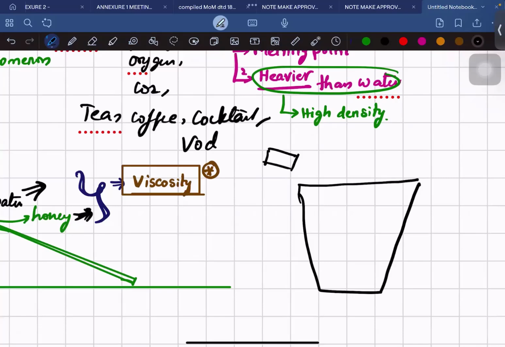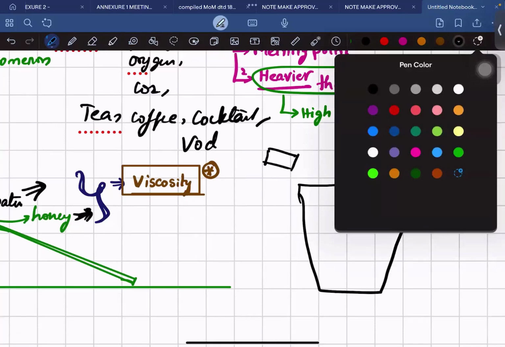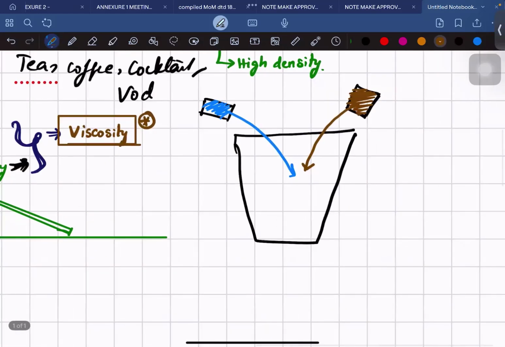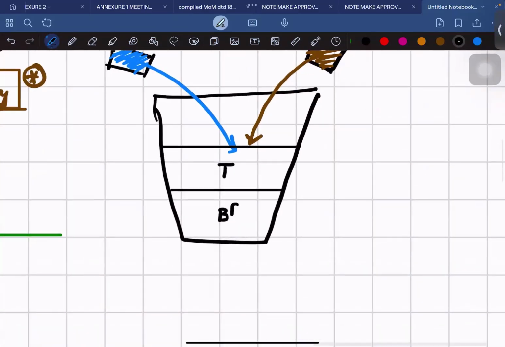With one cup, I pour water, and I will take one more beaker with kerosene, and I will pour kerosene in here. After that, there will be two layers formed. You guys tell me, this is the bottom layer, and this is the top layer. In the bottom layer, what will be the fluid? On the top layer, what could be the fluid?